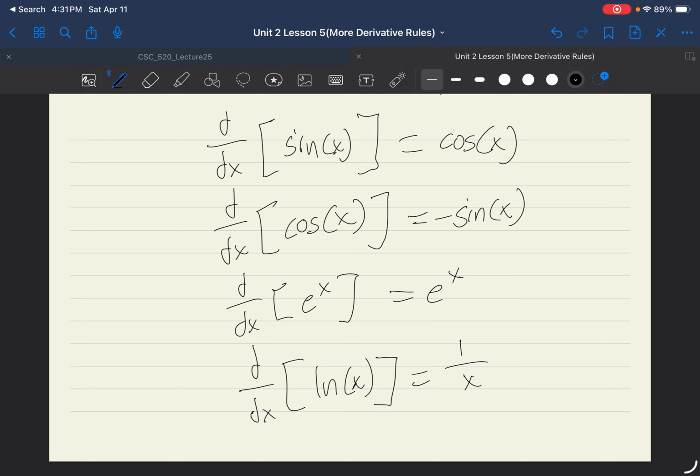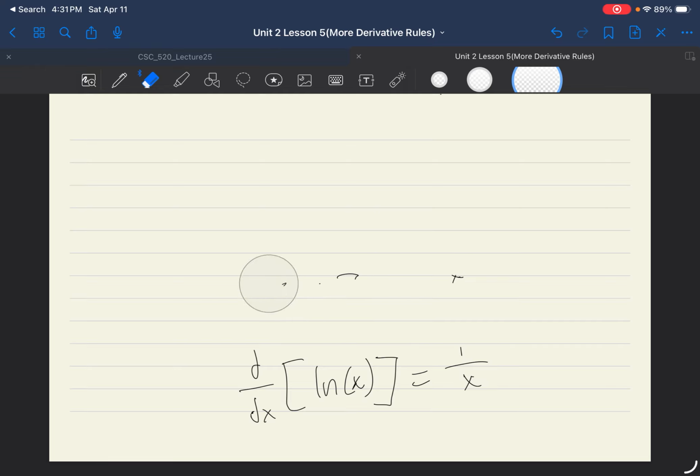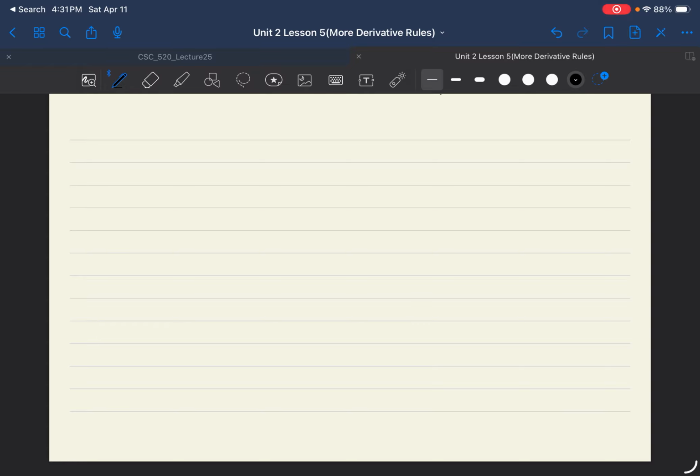So let's practice some of this stuff. We'll start with e to the x. If f of x is equal to 12e to the x, f prime of x will be equal to 12e to the x. This is very simple.